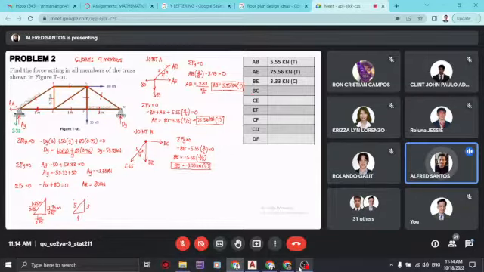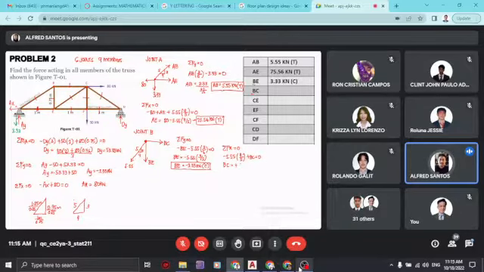Okay, so next, summation Fx tayo. So summation Fx is equal to 0. So you have negative 5.55 times 4 over 5, and then plus BC, which is equivalent to 0, yung dalawa. Okay, so solving for BC, it is equal to negative or positive.